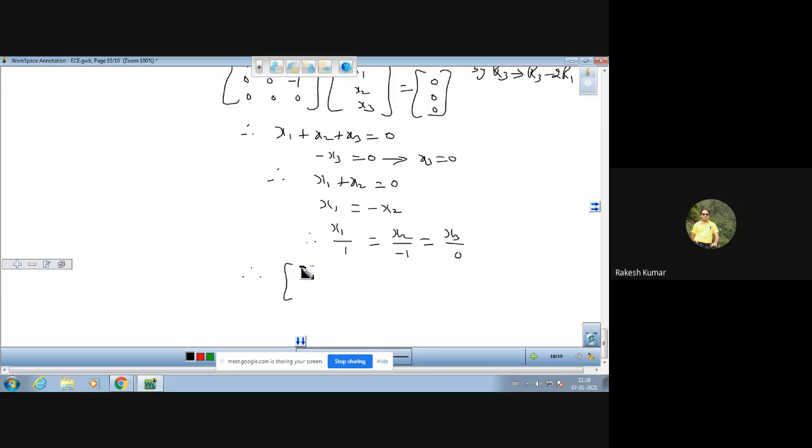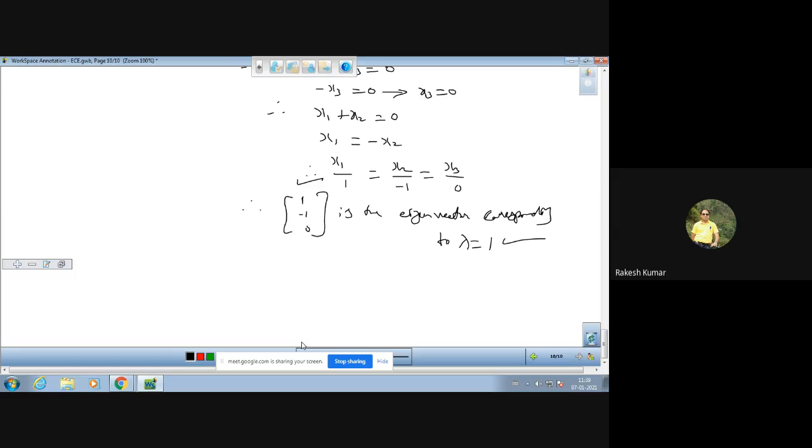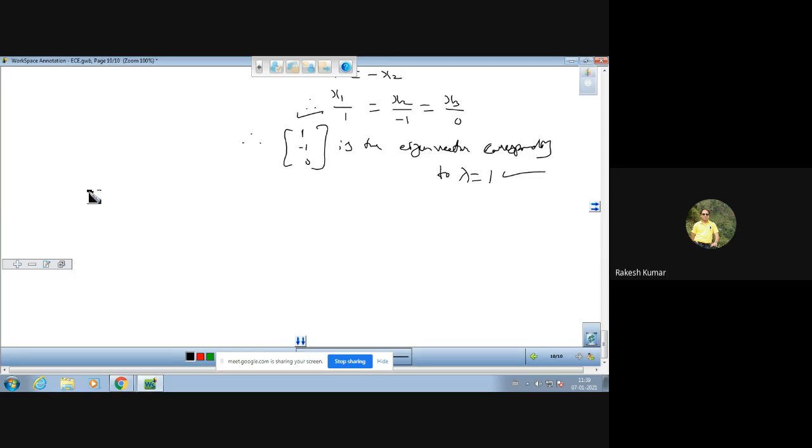So it means we have 1 -1 0 is the eigenvector corresponding to lambda is equal to 1. Lambda is equal to 1 के लिए ये corresponding eigenvector है. Similarly, the other eigenvectors can also be obtained.